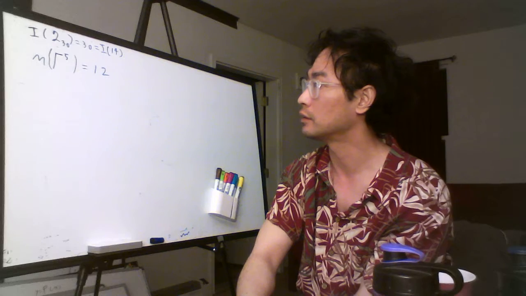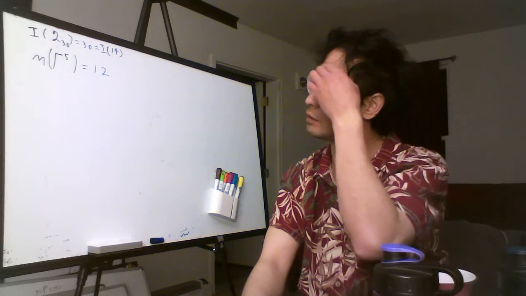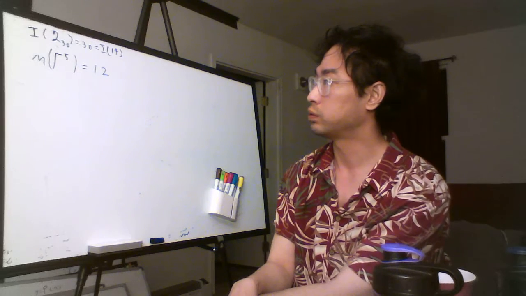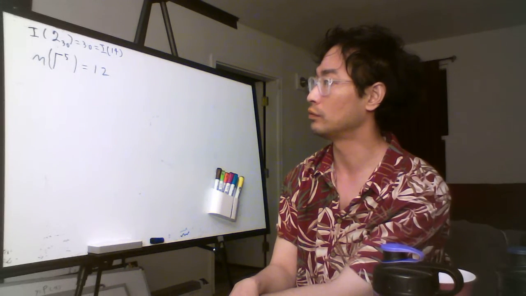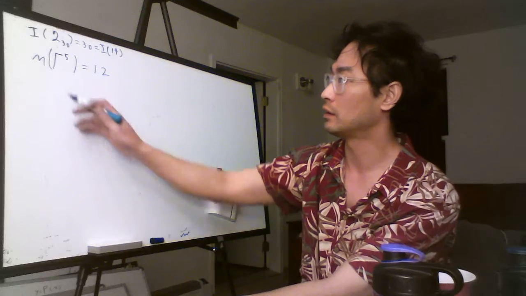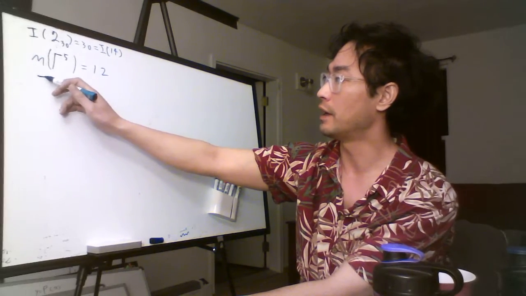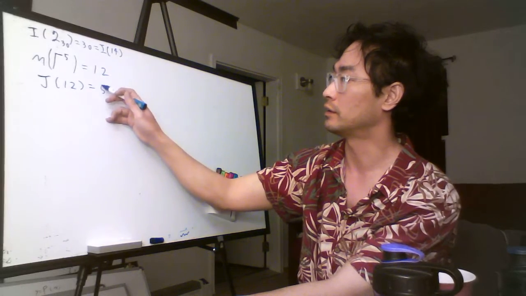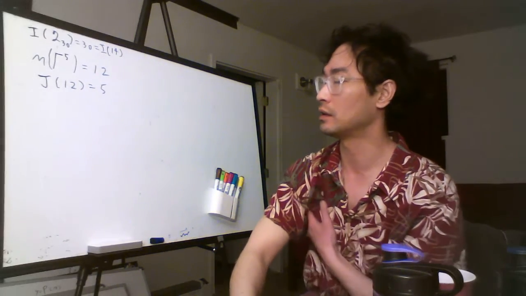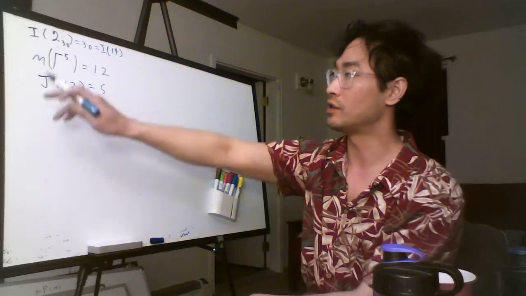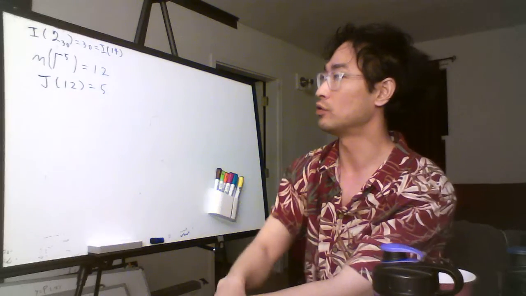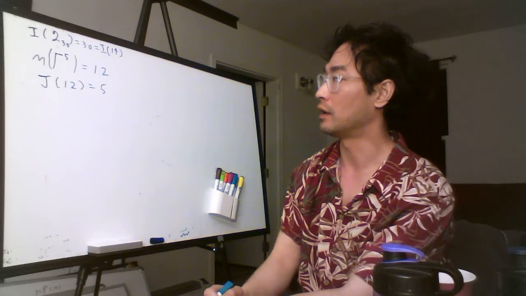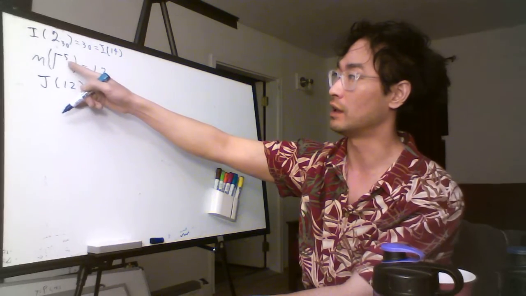Now we just name J. J of 12 is 5. So it's kind of like the inverse function of this continuity maximal function, and also extracts the index of that.